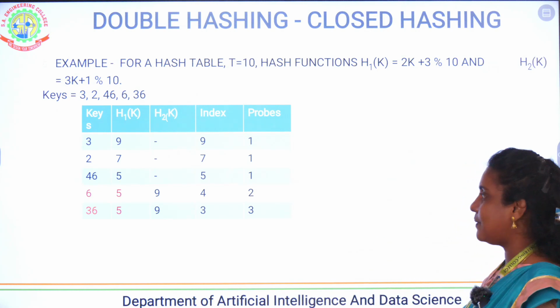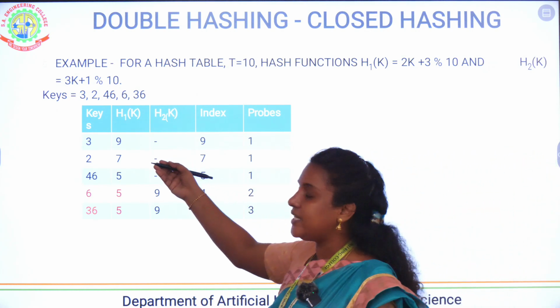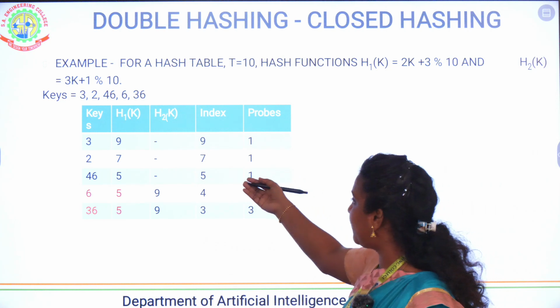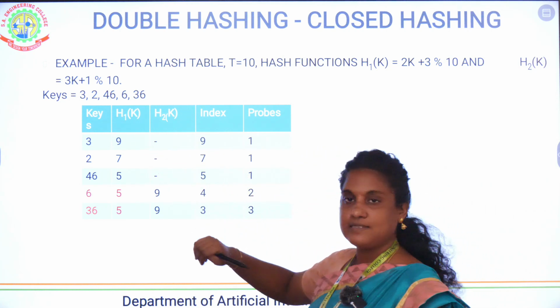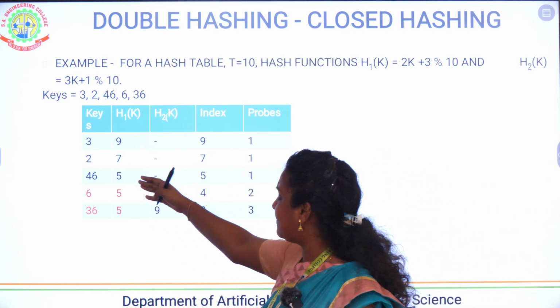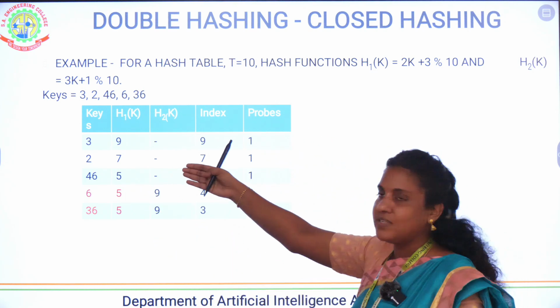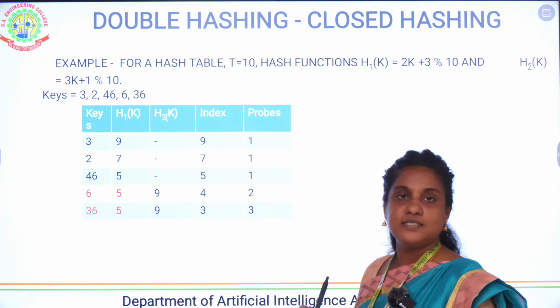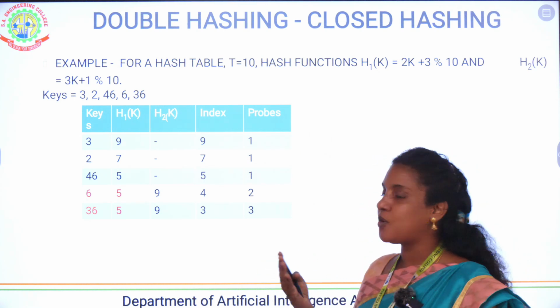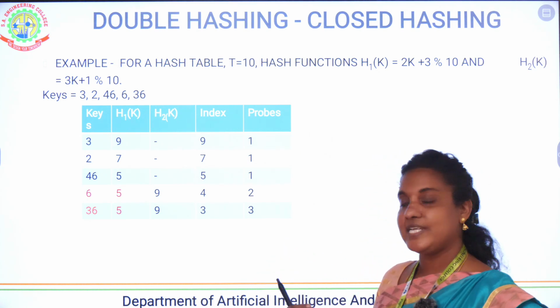So here is the example. 3, without any problem, will occupy the slot at 9, 2 at 7, 46 at 5. So within one time itself we are finding the free space to accommodate those data.